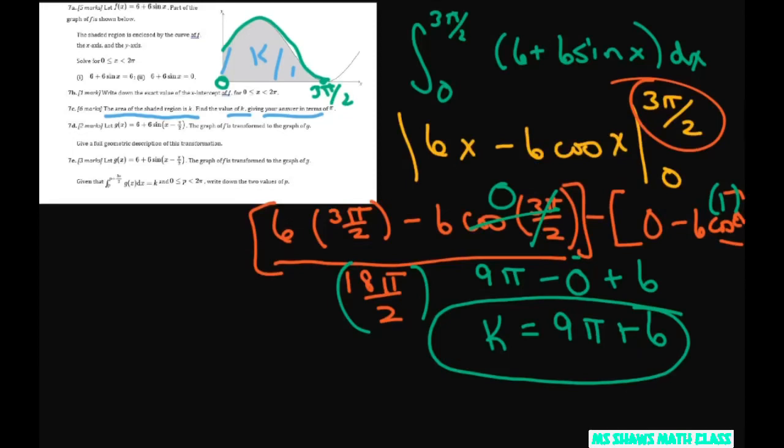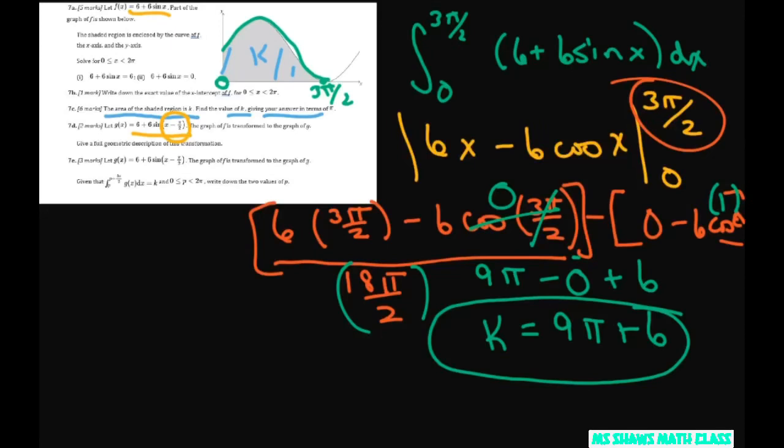Now, part D says, let g of x equal 6 plus 6 sine of x minus pi divided by 2, and the graph of f is transformed to the graph of g. The only difference between this one and our original is this horizontal shift.